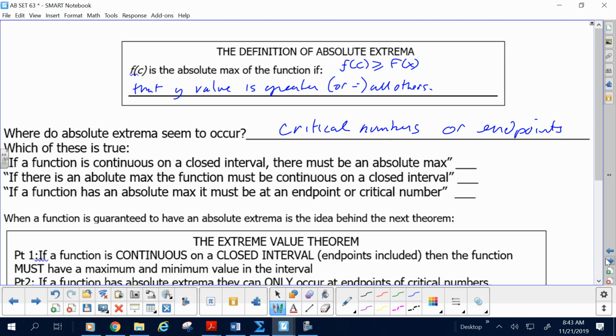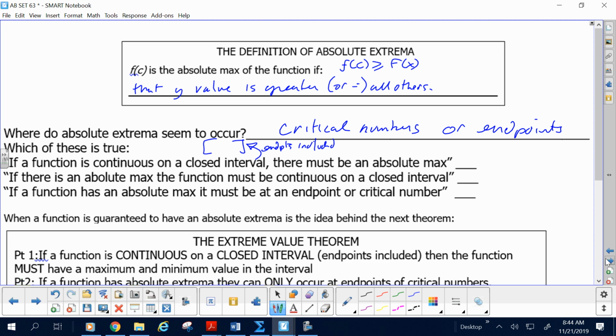Now, here's some basic ideas. Let's think about these. If a function is continuous on a closed interval, there must be an absolute max. So imagine closed interval means it has endpoints included. They are not letting it go forever. They're cutting it off.